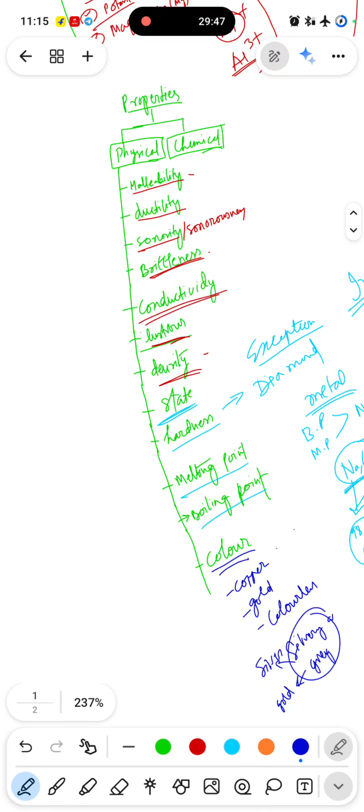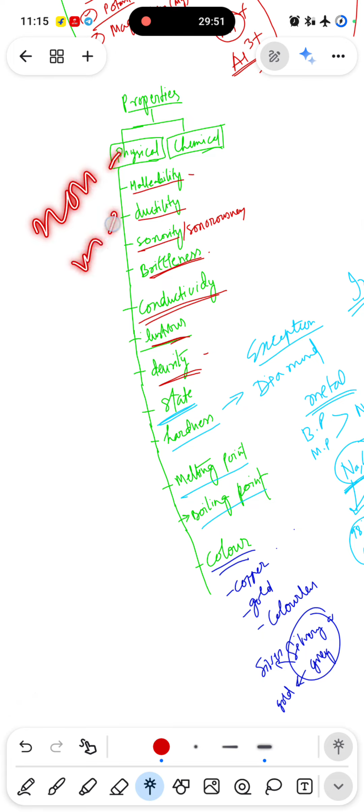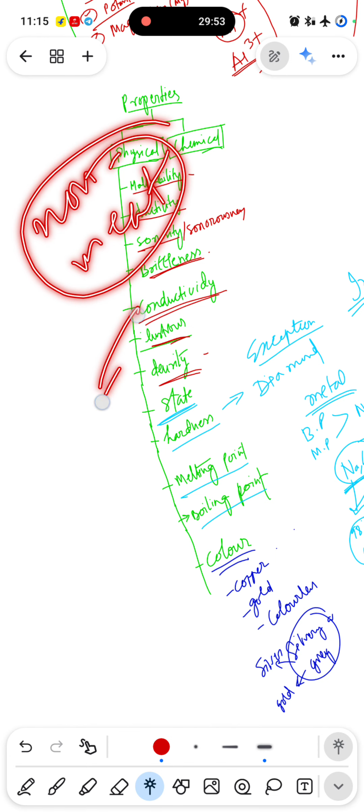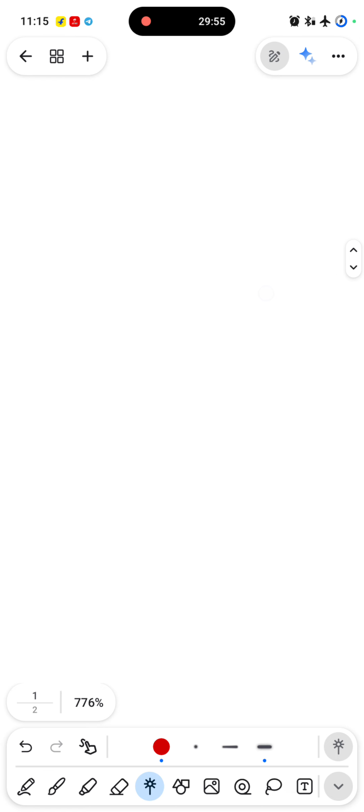Now I'll revise the non-metal part a bit quicker. I won't write anything, if not needed I'll just speak. Non-metals are neither malleable nor ductile, as I said. Non-metals do not conduct heat and electricity, except graphite, which is a good conductor of electricity.